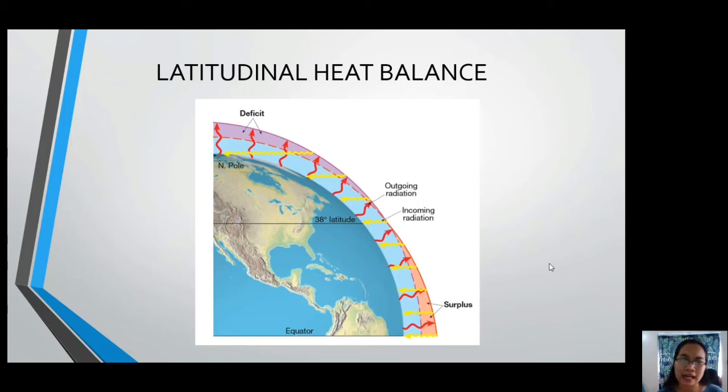So, pero bakit kaya hindi naman nagkakaroon ng imbalance when it comes to heat or heat distribution? We are expecting also that the North Pole always has higher temperature kumpara sa South Pole. Then yung mga equator, they always have higher temperature kumpara dun sa poles. Resolve that imbalance. Okay? So we have this latitudinal heat balance.